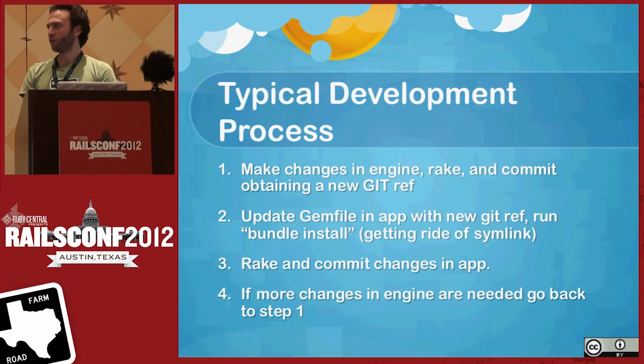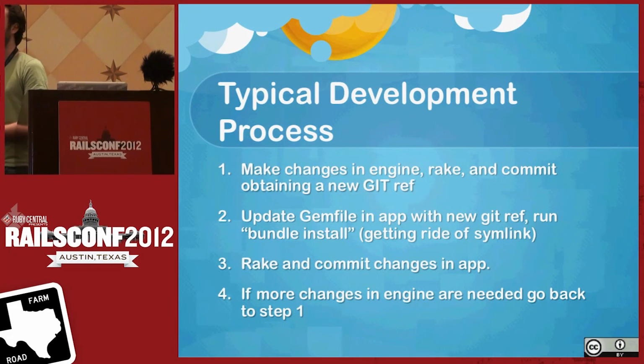So one issue with this process that came up in practical, day-to-day development is that it's not as happy as you just work in the engine, then do your work in the app, and then you're done. Unfortunately, a lot of the times what would happen is you go back to the app, you do some manual testing, you verify the engine behavior, and then you're like, oh, I'm not happy with this, or oh, this partial doesn't look good.